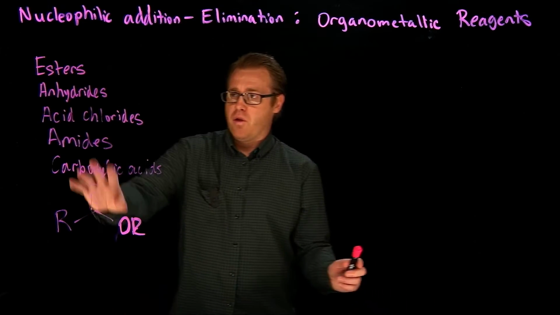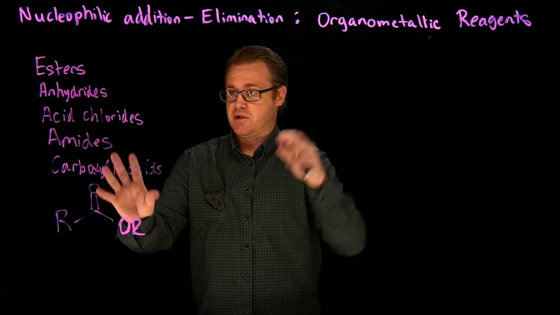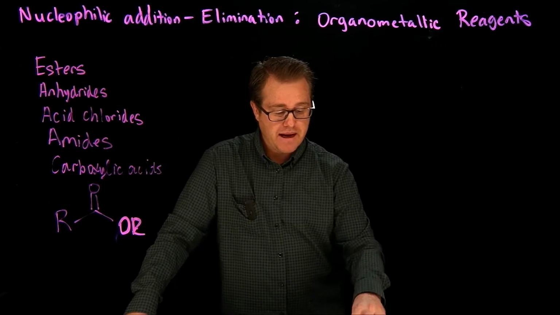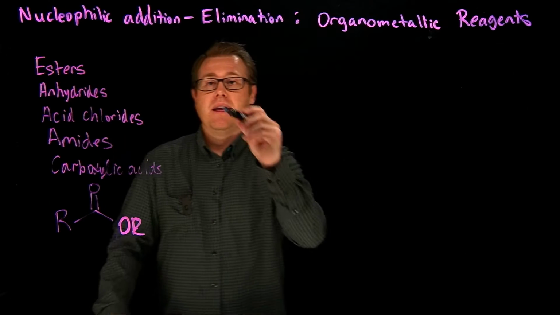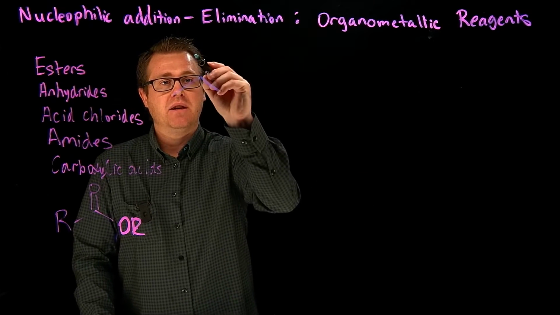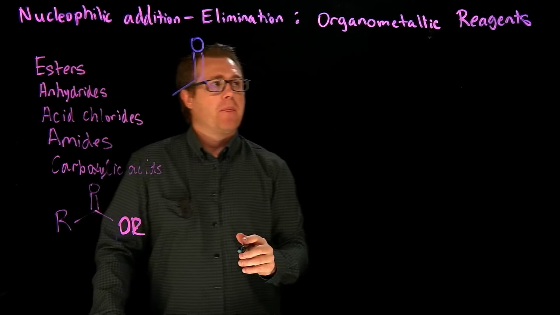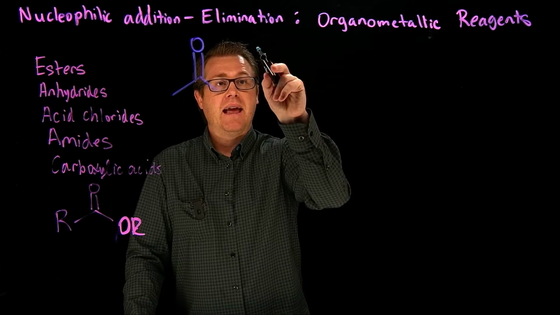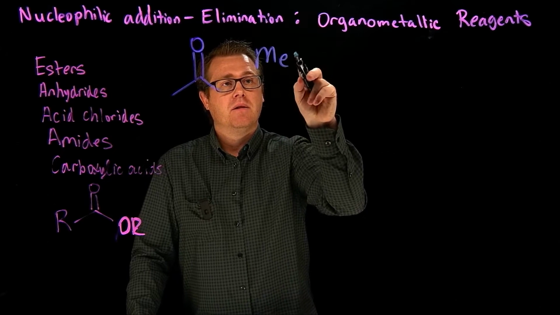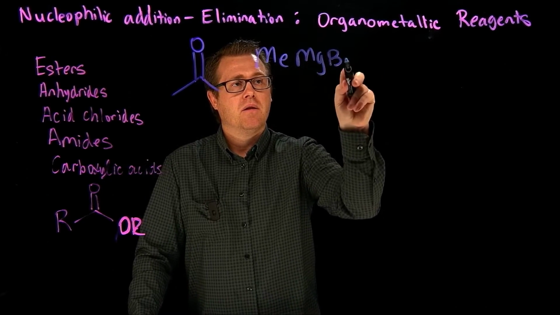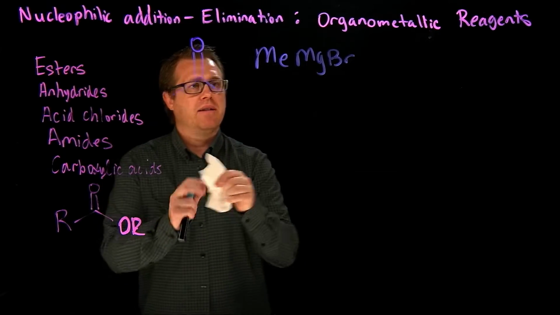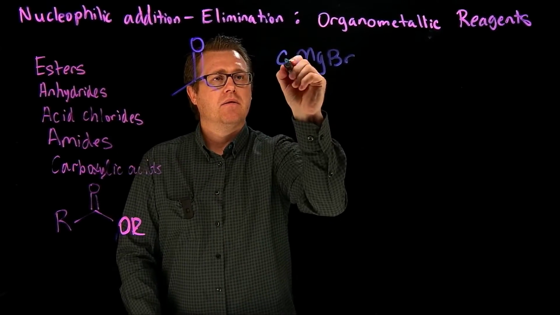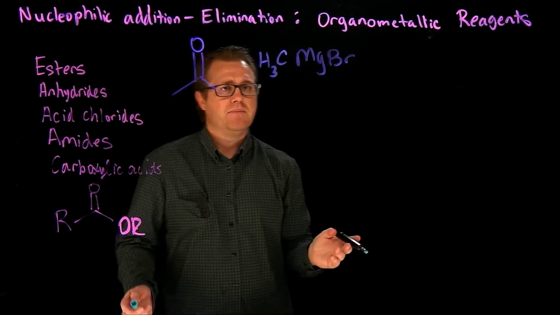And so before we tackle how organometallic reagents react with carboxylic acid derivatives, let's remind ourselves how they react with a simple ketone. An organometallic reagent that we could look at would be, let's say, a Grignard. Let's get rid of that Me and just put CH3.